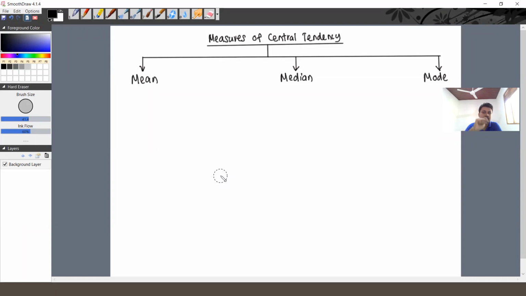The way we calculate these measures will be different. The way we calculate the mean of an individual data set is not how we calculate the mean of a frequency distribution. The way we calculate the median of a group frequency distribution is different from how we calculate the median of an individual data set.